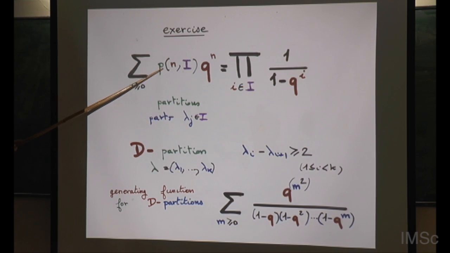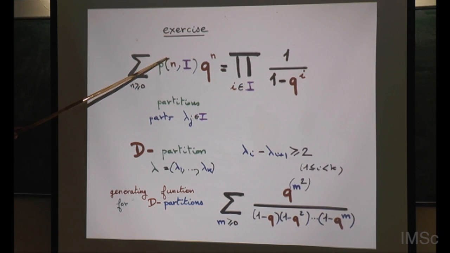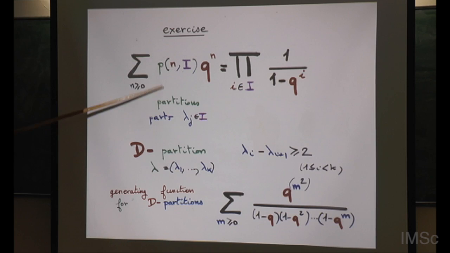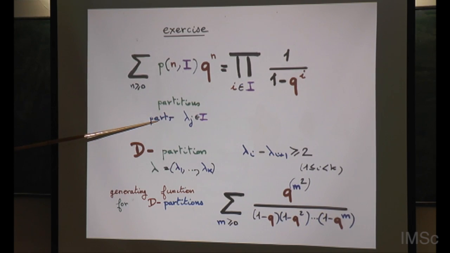So this exercise shows that the coefficient of q^n, which depends on the set I, is the number of partitions of n having the condition that all the parts of the partition belong to the subset capital I. Easy exercise.